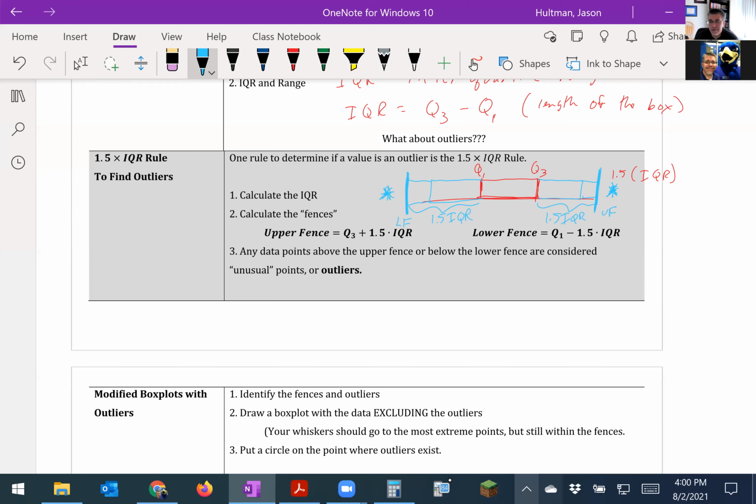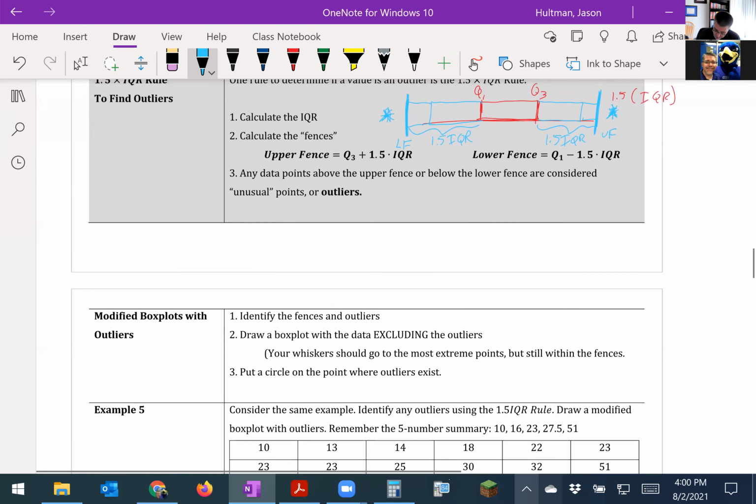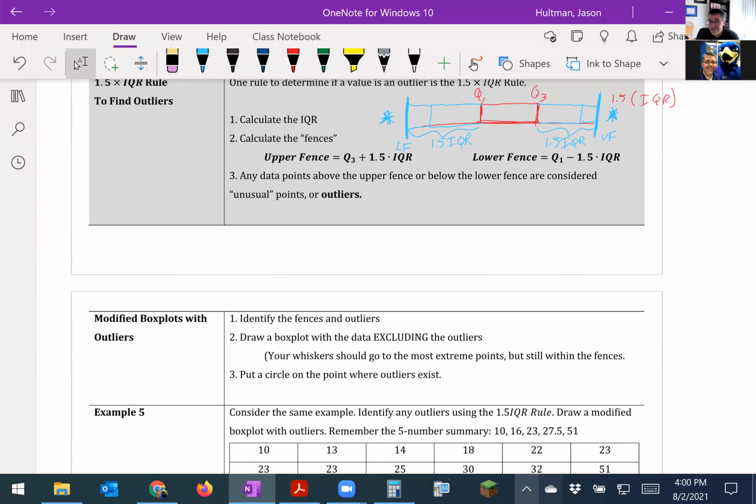So sometimes we throw out outliers, because it's a really odd data value and it's going to mess up my statistics. Or maybe an outlier tells you that there's something going on here, that there may be 2 different populations inside the same group of data.